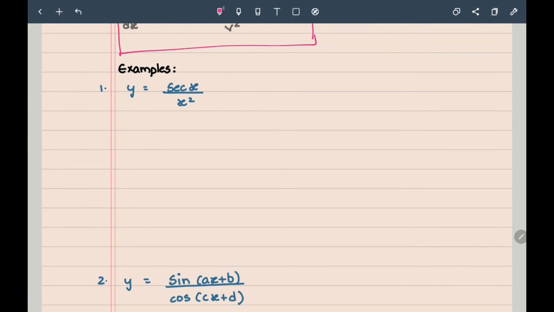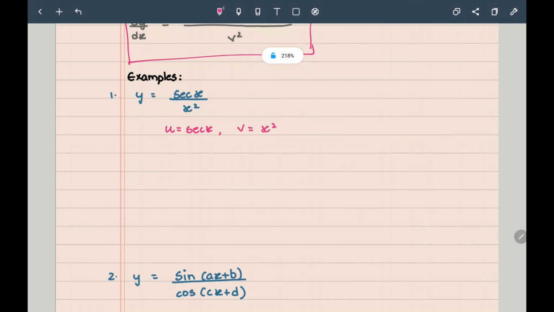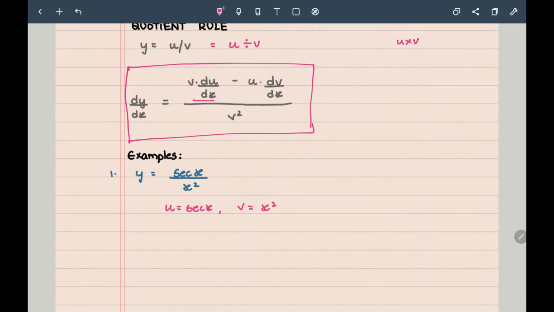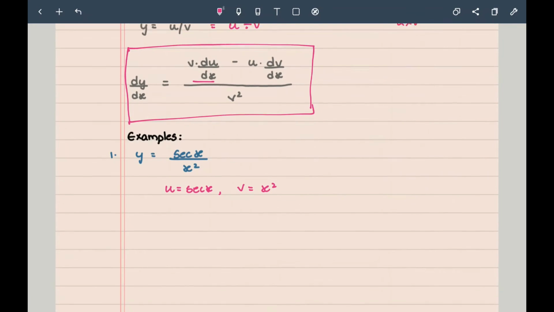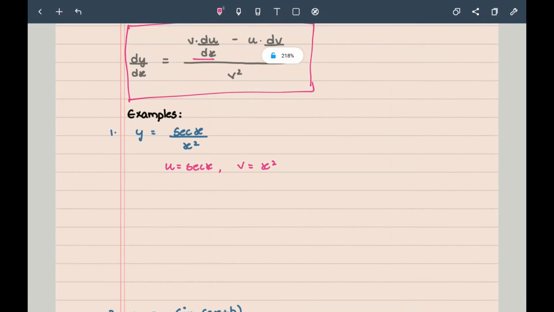So this question is, here we take the value of u as secant x and v as x square. This question actually has two methods in which we can solve. As we want to learn the example of u by v, first we'll solve it in this way. So the formula is v into du by dx.